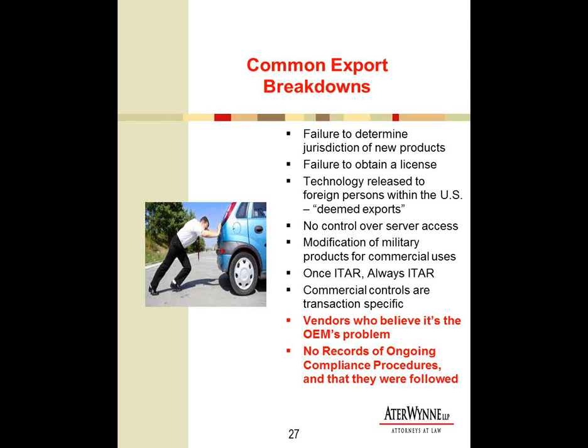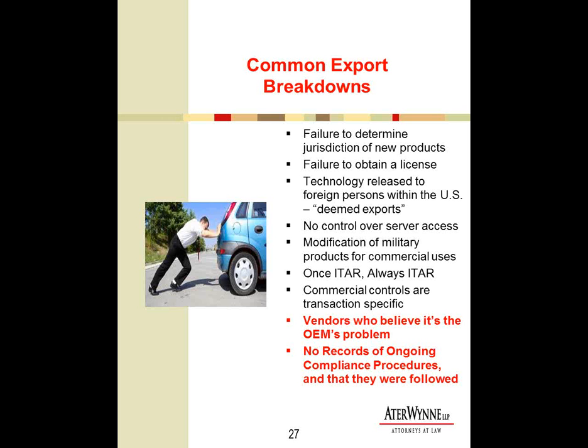So what are some common export control breakdowns? We've talked about a number of these already, but failure to determine the jurisdiction of your new products and determine the implications of a change in business are really at the top of the list.